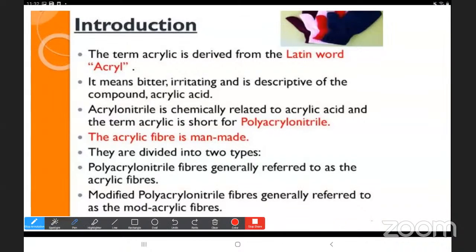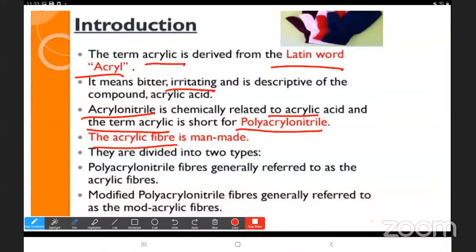Okay, this acrylic fiber is derived from the Latin word acryl. It means irritating. Yes, so acrylonitrile is chemically related to acrylic acid. And the term acrylic is short for polyacrylonitrile. This acrylic fiber is a man-made fiber.